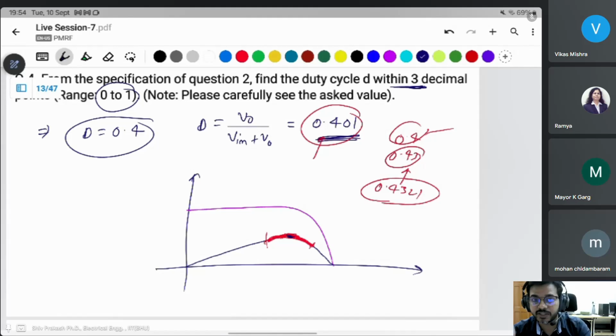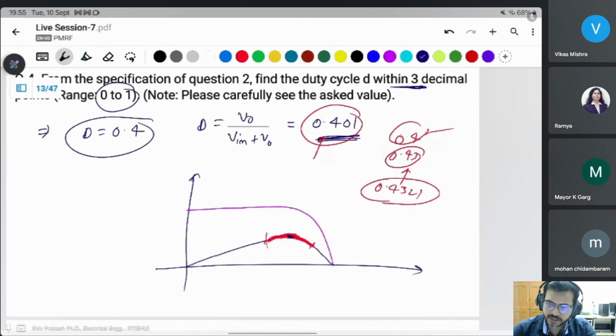But if the oscillation is large, it can affect your microcontroller or converter, because there are switches and ringing occurs in the switches. At high level, if this ringing is there, then the switches will be heated. That's the problem.